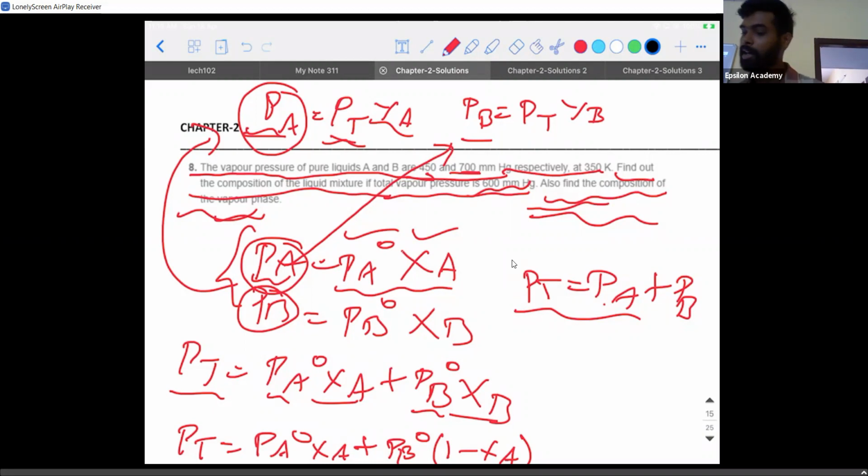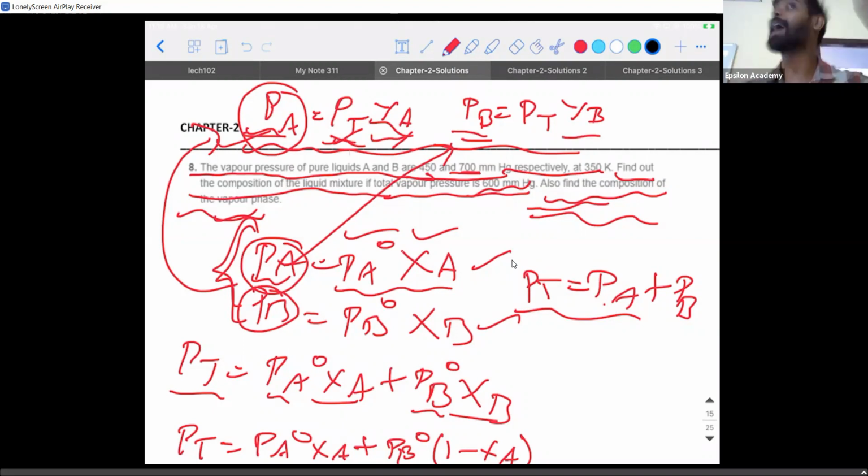First thing, you calculated XA and XB using Raoult's law. And with the same Raoult's law, you have to calculate PA and PB also, because we need that in Dalton's law of partial pressure. We know P total, which is given in the question. YA we have to find, that's the question. PA and PB we have to calculate again from Raoult's law. And substitute them, you will be able to get YA and YB, which are the mole fractions in the gaseous phase.